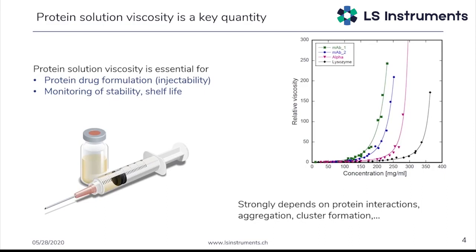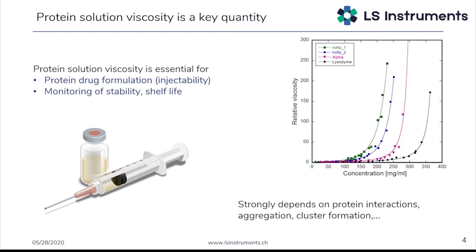And we see that in all cases, the relative viscosity, that means the ratio between the solution zero shear viscosity and the viscosity of the solvent, increases dramatically with concentration, but this concentration dependence looks very, very different for the 4 different proteins. Why is that?